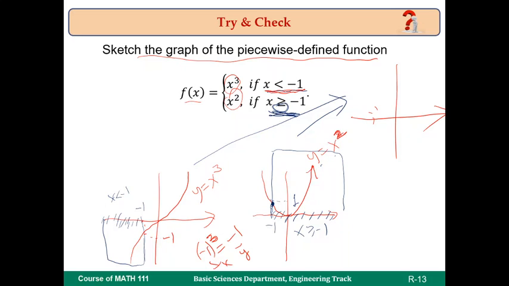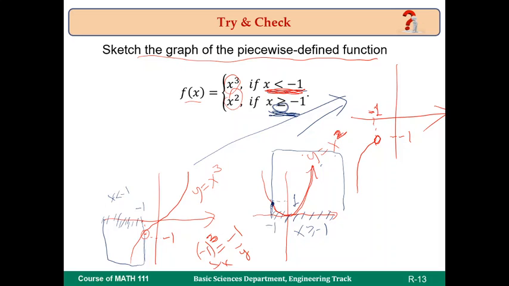And we take up to -1, so here is -1 and here is -1. So it goes up to this, and we take this one empty because x equal to -1 is not included in the graph of x cubed. And then we take this part here after -1.